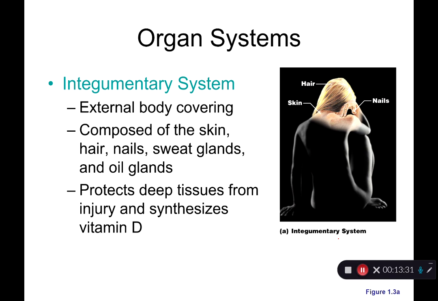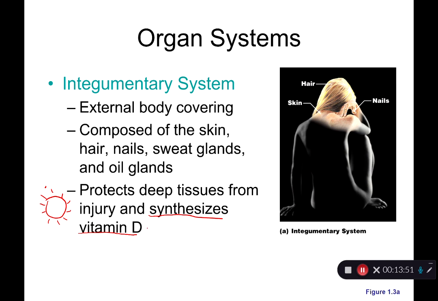I want you to think about what you have to have for your skin to make vitamin D. You've got to have the sun, right? So when you go out in the sun, your skin has the ability to create vitamin D. And what do you need vitamin D for?